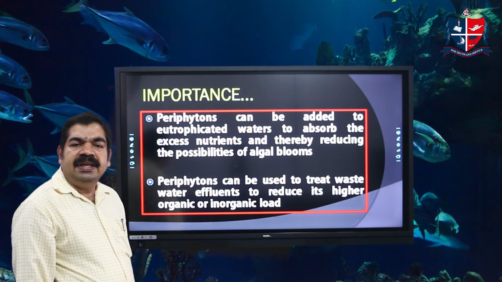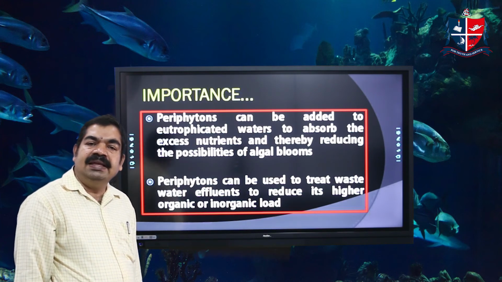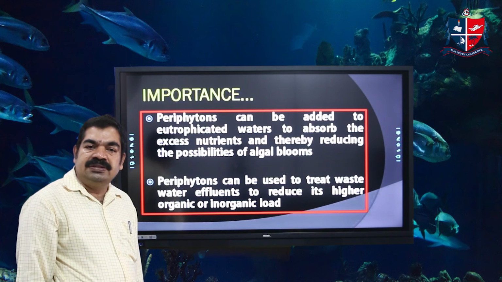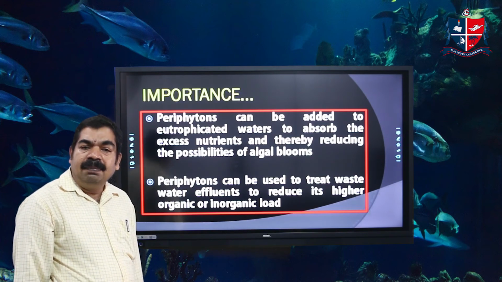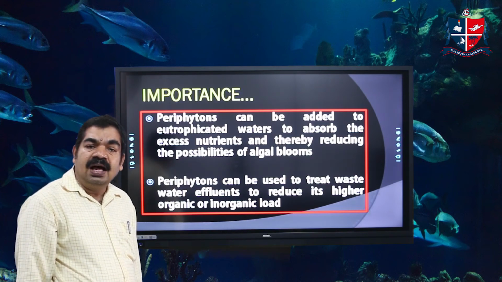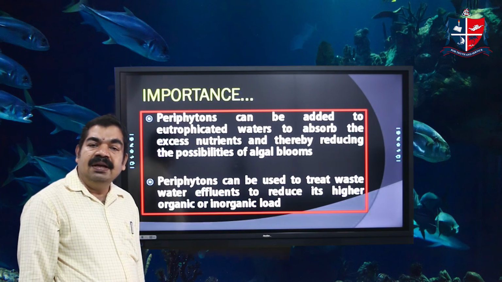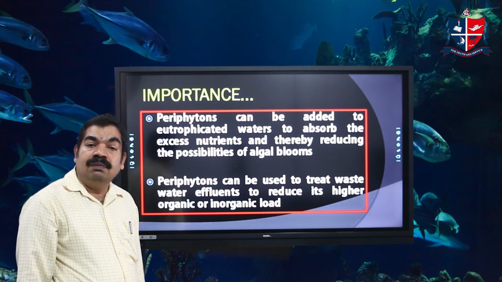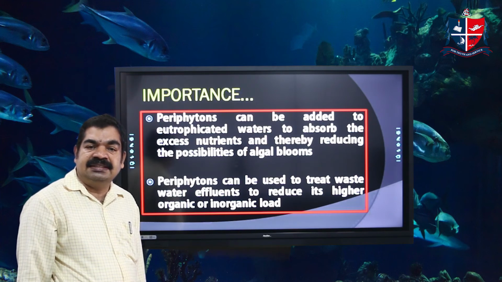As far as periphytons are concerned, they will actively absorb the nutrients from the water bodies, thereby decreasing the nutrient level of the water body, and it will definitely help in reducing the algal bloom formation. So that is another advantage as far as water bodies are concerned.